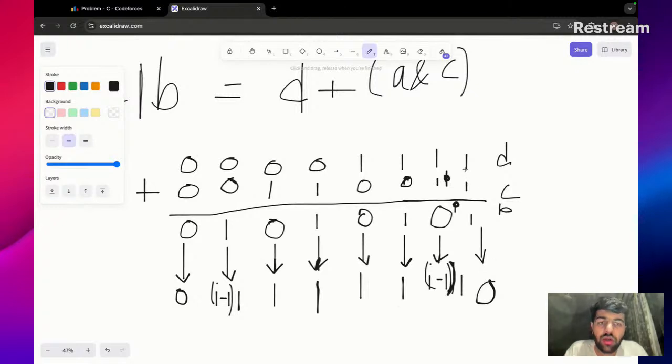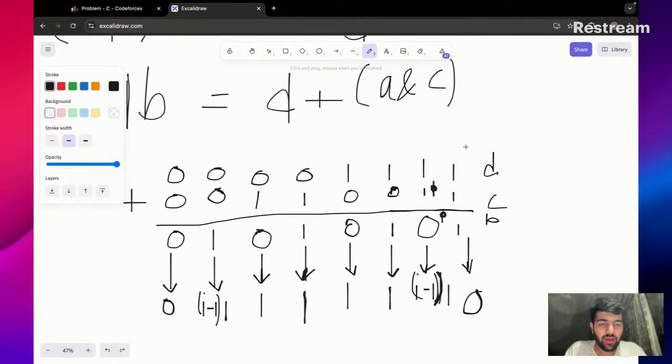Why is it so that I can't have anything else? It's because if I have a 1, 1, so if I put something like a 1 here, then 1, 1, and the I minus 1th bit has to be 1.